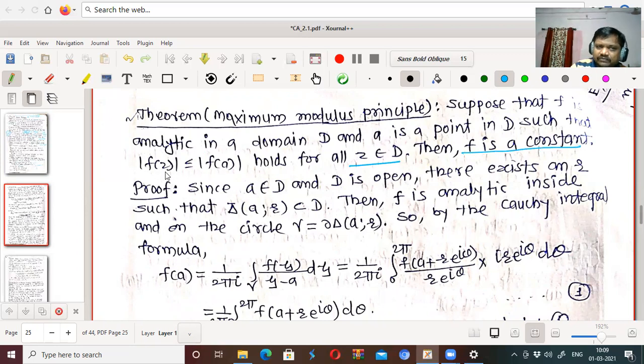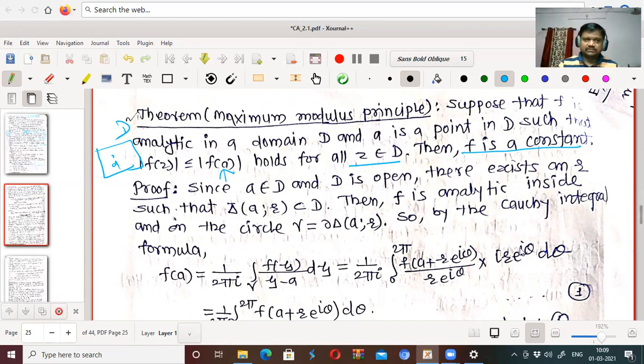It means that if a function f has a maximum value at z equal to a for all z in D, then f should be constant. Suppose D is this set, and this condition is satisfied where a belongs to D. If for any point a in D, mod f of z is less than or equal to mod f of a holds, then f should be a constant function.